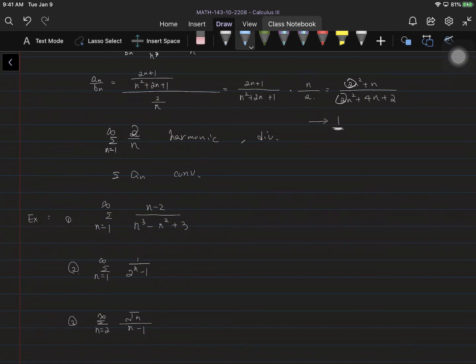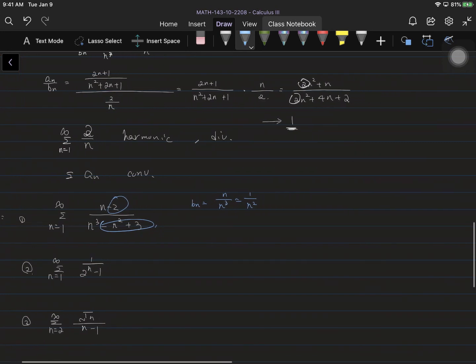The solution for the first exercise: we choose our Bn to be n over n cubed, which is 1 over n squared, because we just ignore those terms. That is how to choose Bn. And now let's do the limit comparison.